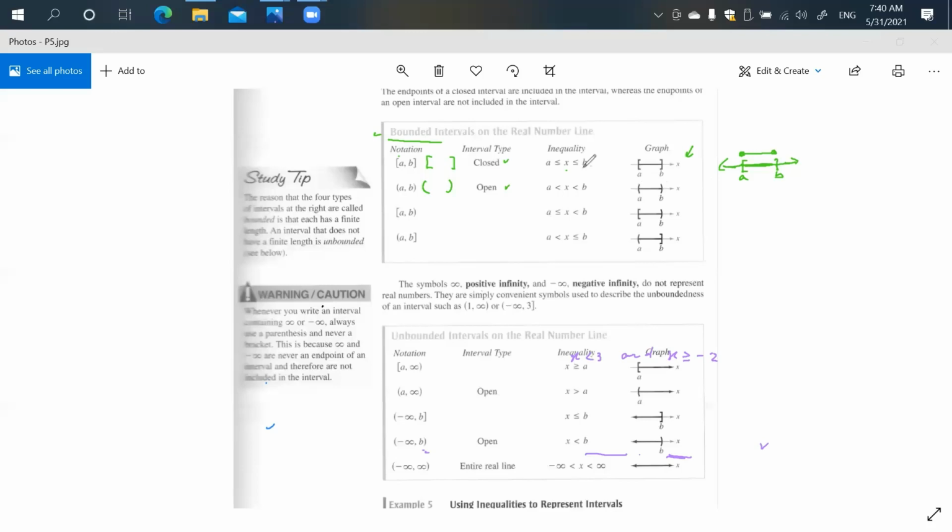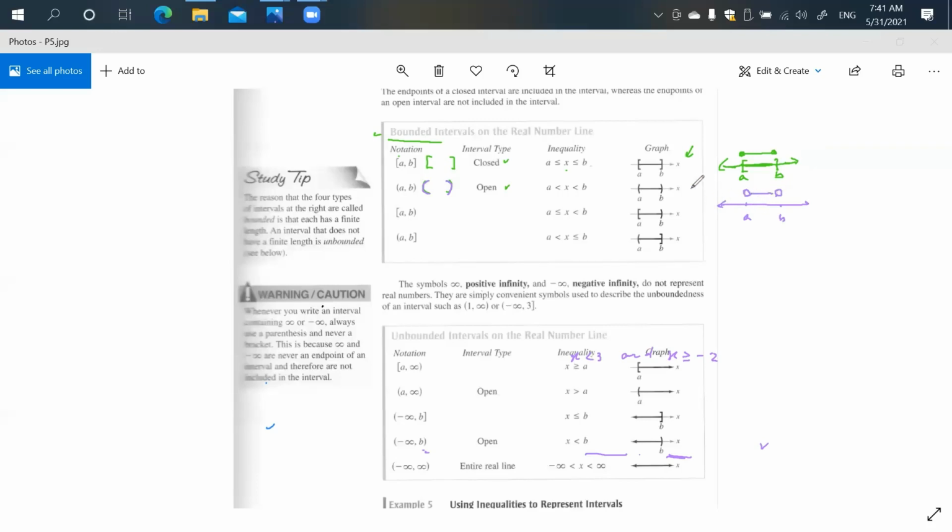Okay, then for the second one here, open. If you draw on the number line, I prefer you do it this way also. You draw it like this, A, this one B. Another way is open on top of A and open on top of B, and then you draw one line.